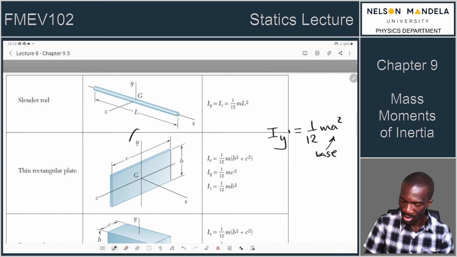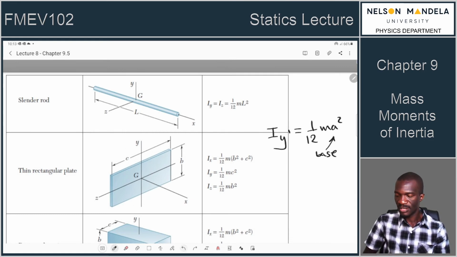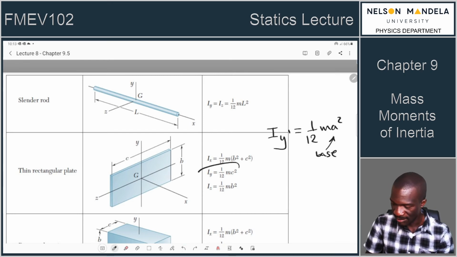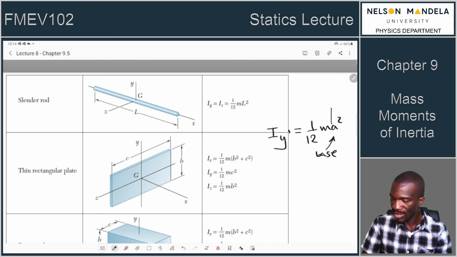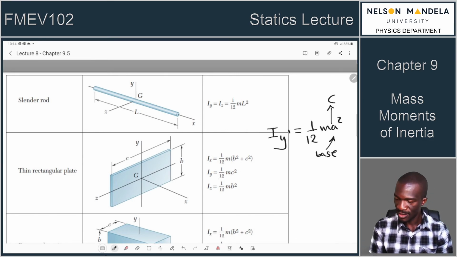Fortunately here our y-axis is also passing through the center of gravity, G. Let's hope it coincides with the centroid. Right, so they say I about the y is 1/12 of mc squared, c being the base. So I think it's making sense. So it actually agrees, which means that our tables make life easy for ourselves.